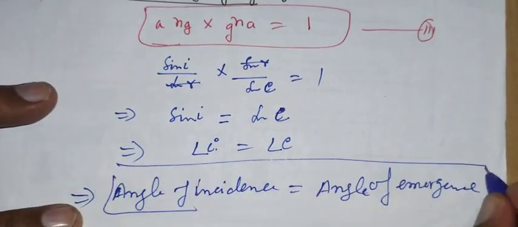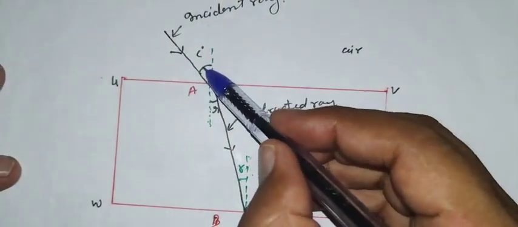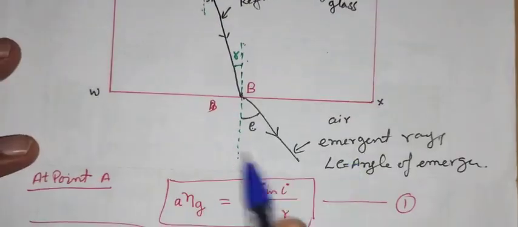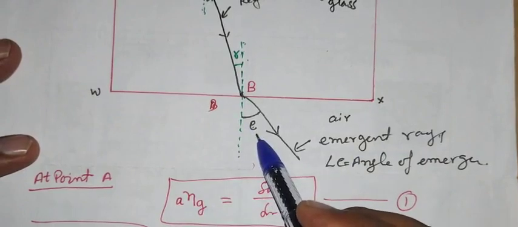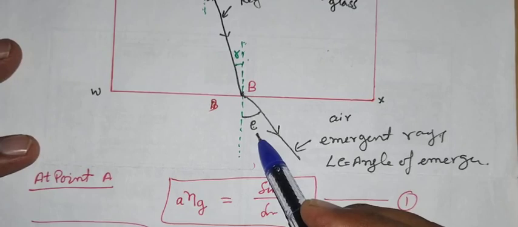This is one of the important results obtained here in the diagram. Angle of incidence I is equal to angle of emergence in case of refraction through the glass slab.